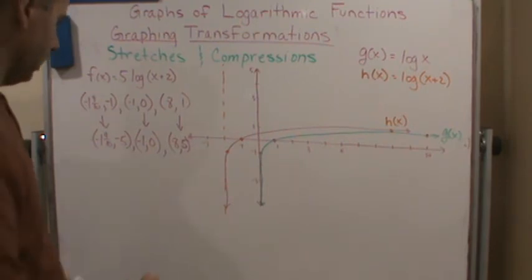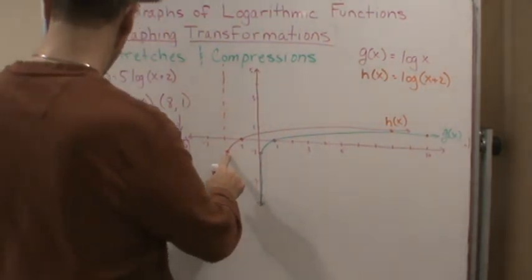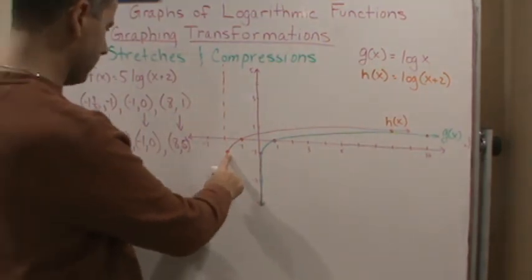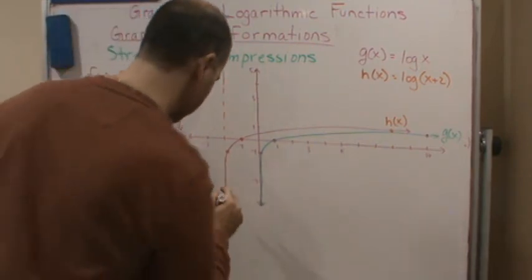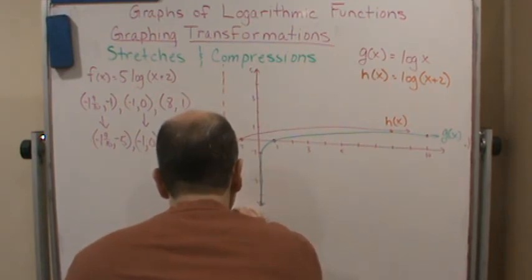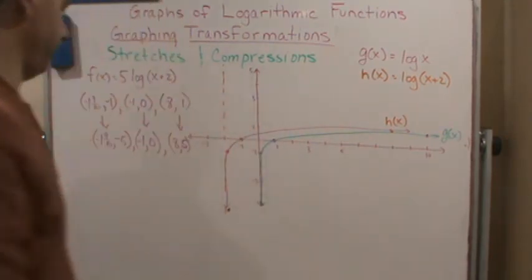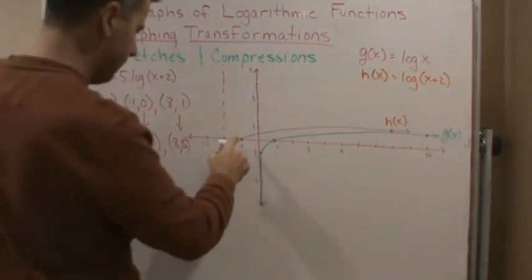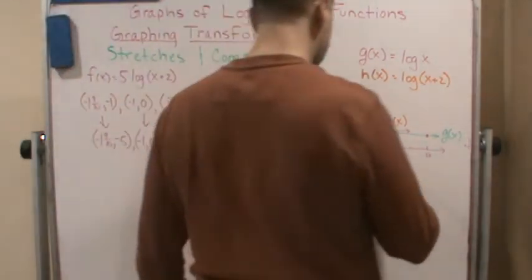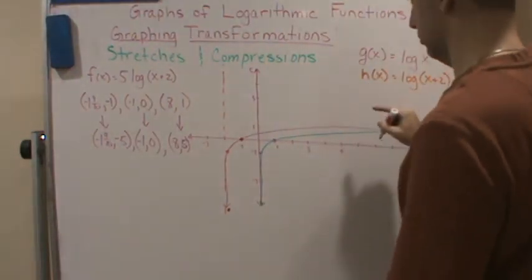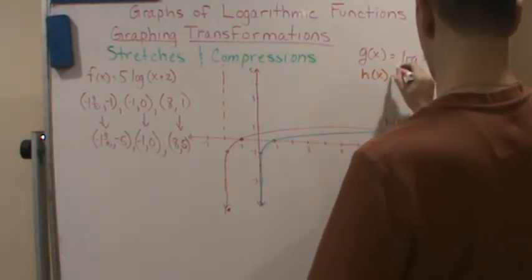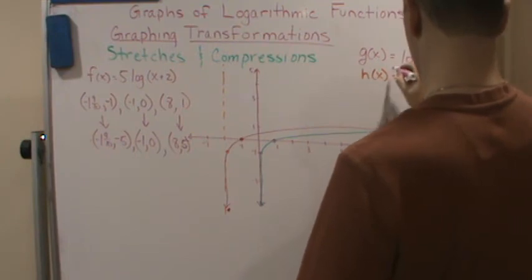So now what's going to happen here? This point is going to go to -5. So this is going to go down to about here. And then this is going to stay the same right here. And then this is going to go to 8, 5, so it goes up to here, right about there.